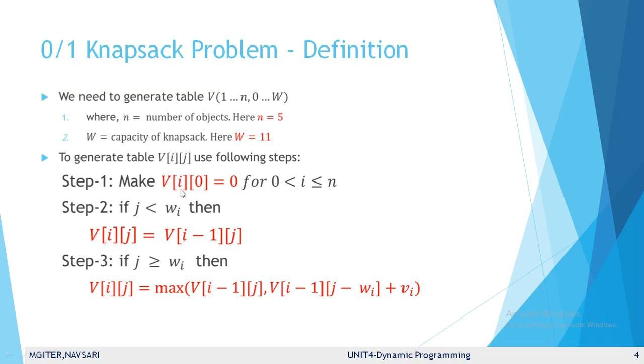The first step: for any value of i, if j is equal to 0, then we put 0. If j is less than wi, then V[i][j] is equal to V[i-1][j]. If j is greater than or equal to wi, then we select the maximum of V[i-1][j], comma, V[i-1][j-wi] plus vi. Here vi means values.